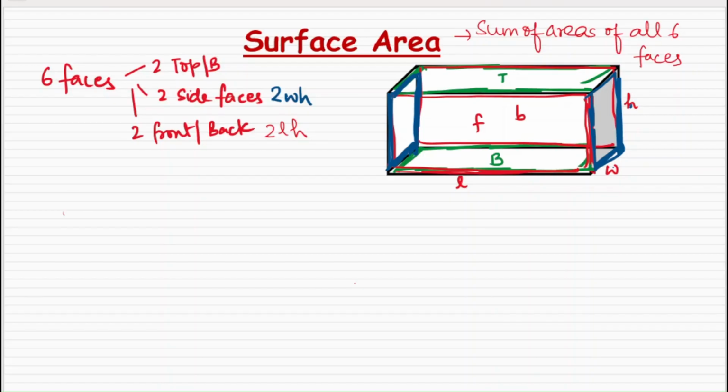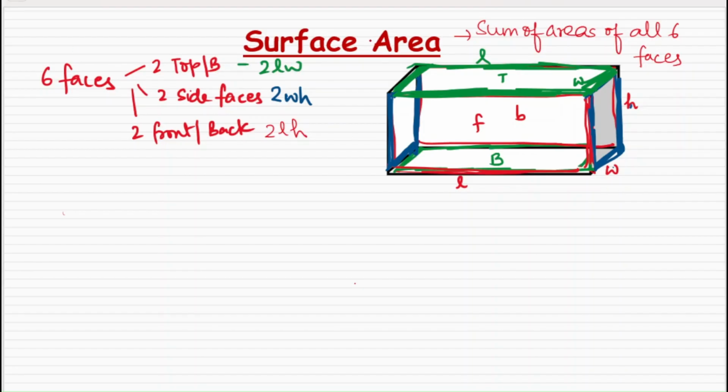What is left? The top and the bottom. Now if you look at the top, this is the top area. The top has this length and what is this? This is the width. So the area of the top is length times width, and that same is the area for the bottom part. So the area for top and bottom is 2 times length times width.